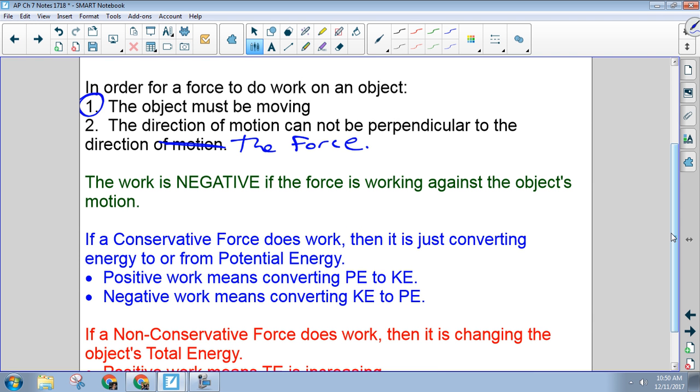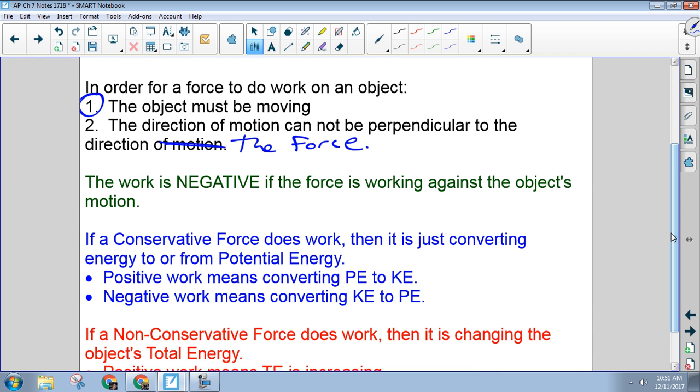As a simple example of that, if I roll like this, right now there are two forces acting on me, yes? What are the two forces? Gravity and normal force, right? But as I roll, is my energy changing significantly? No. That means no work is being done.